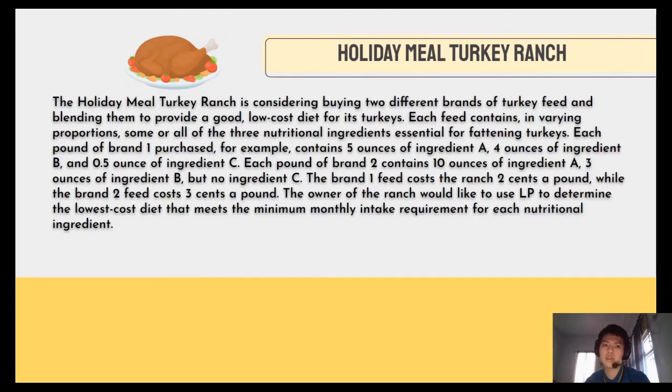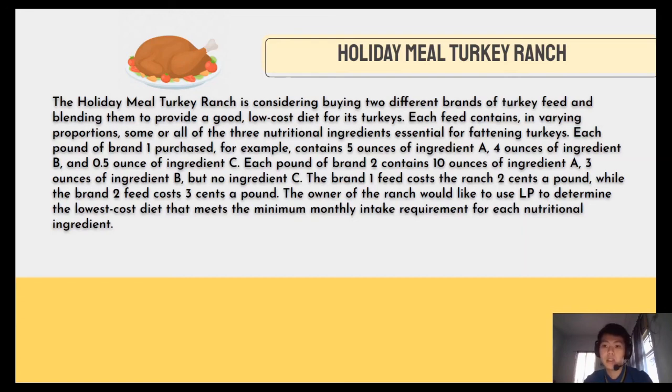Okay, so for our example problem, we have the Holiday Meal Turkey Ranch. I will now read the problem. The Holiday Meal Turkey Ranch is considering buying 2 different brands of turkey feed and blending them to provide a good low-cost diet for its turkeys.